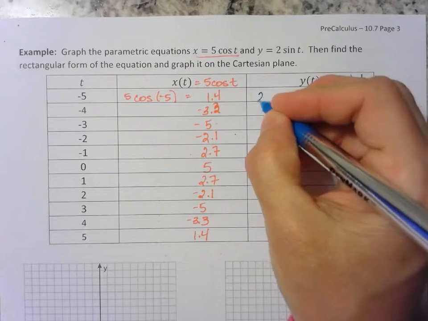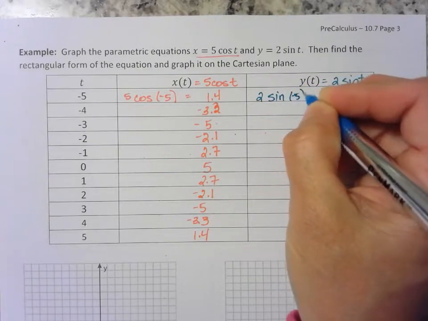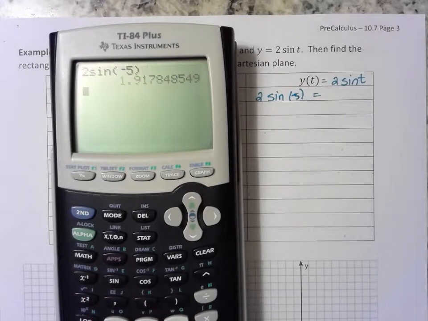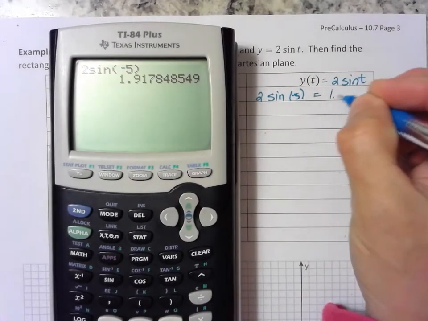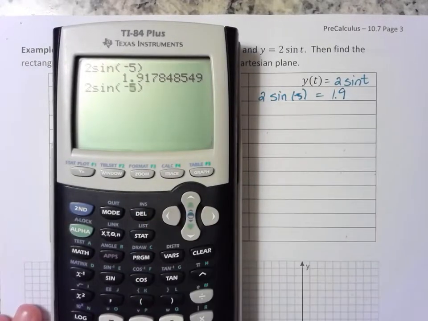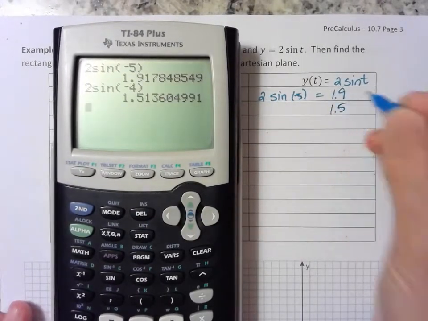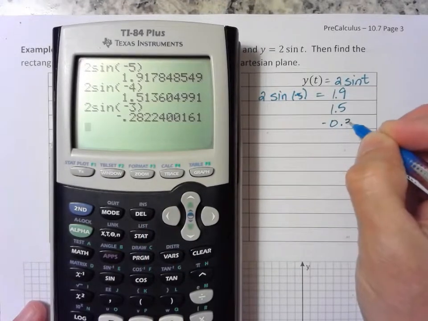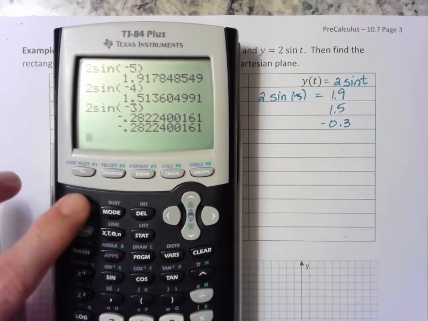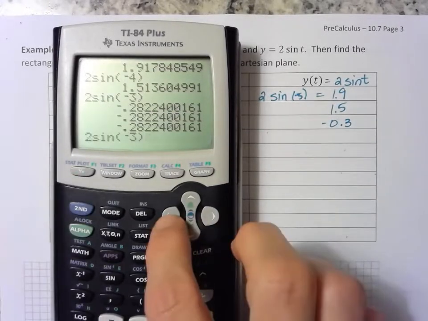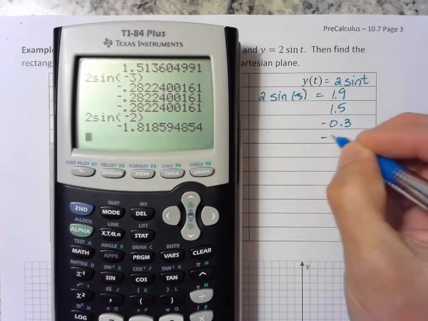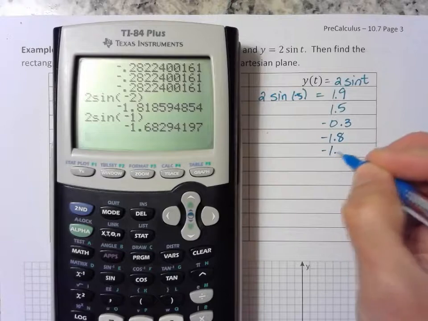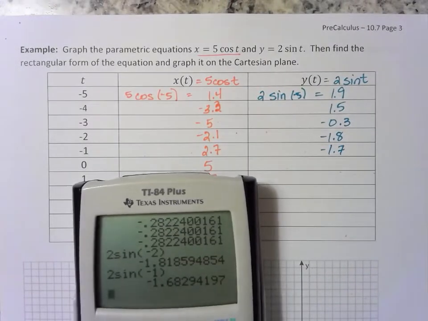So we have 2 sine of negative 5. 1.9. Hope I'm still in the right. Yep, that was 1.